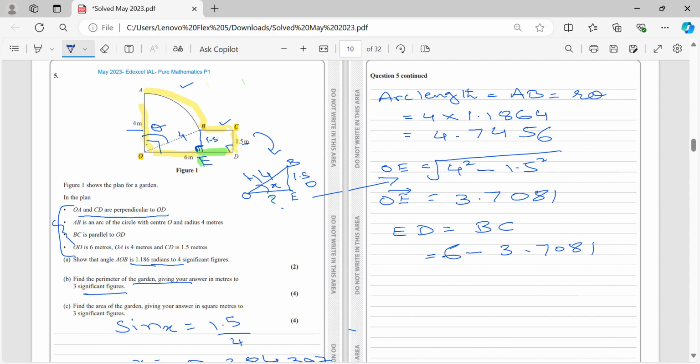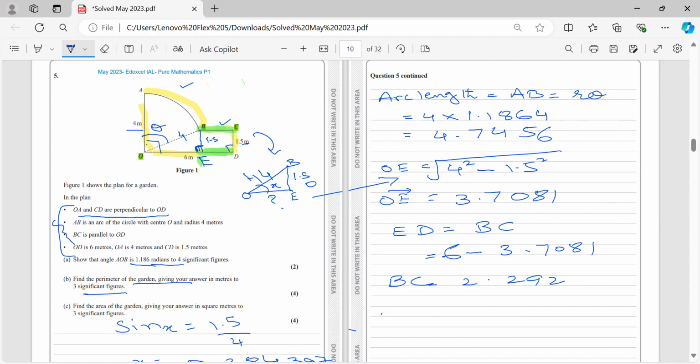So 6 minus the answer is 2.292. So this length here is 2.292, which is the same as BC. So BC is 2.292.